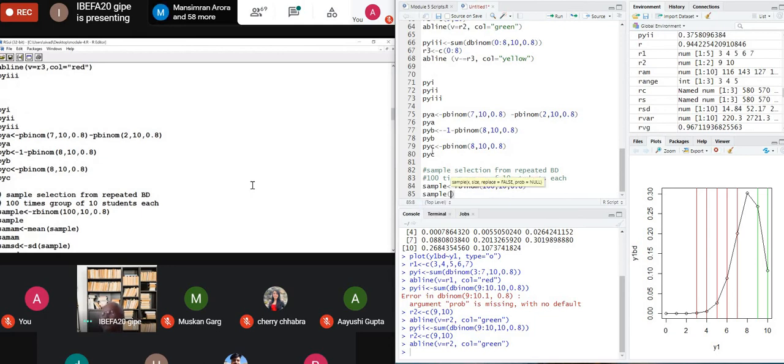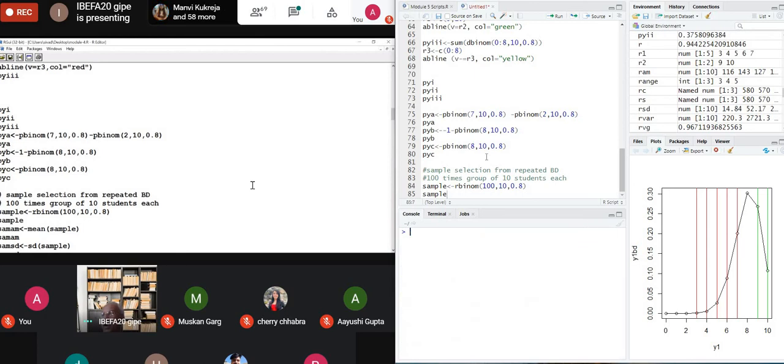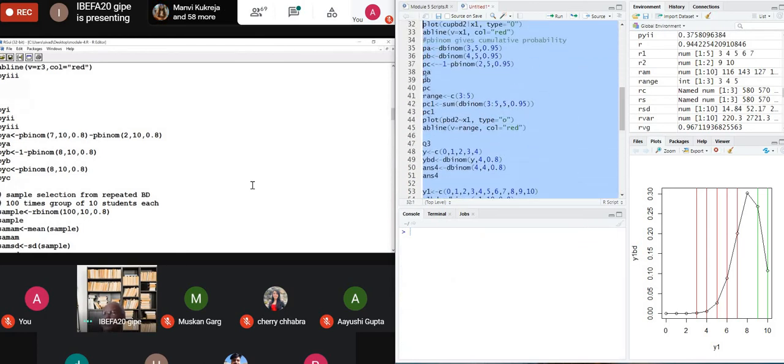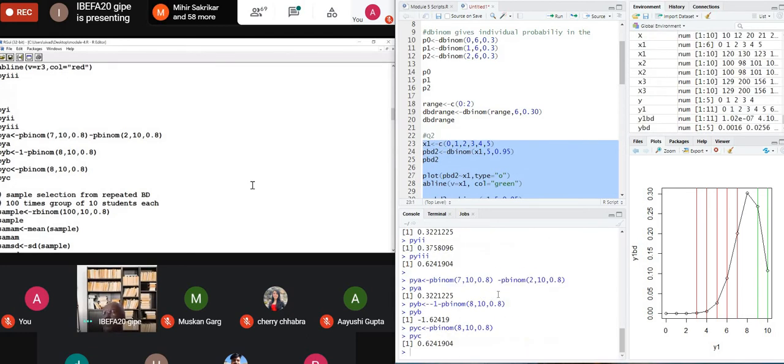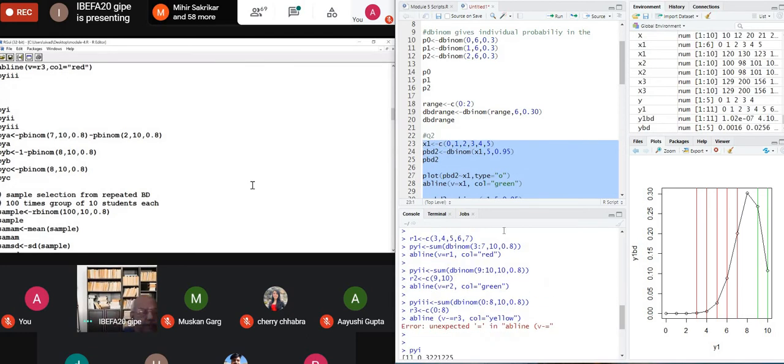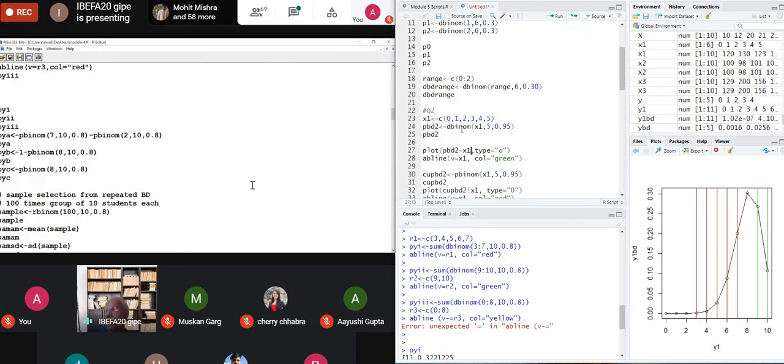Rather, 100 times I want to choose a sample of 10 each. How many of you follow the sentence?